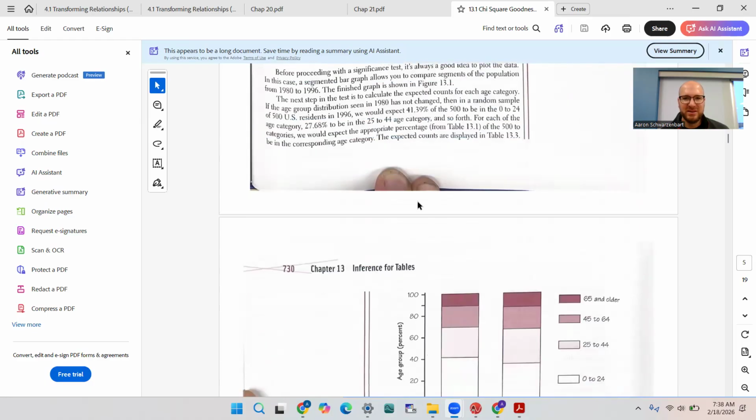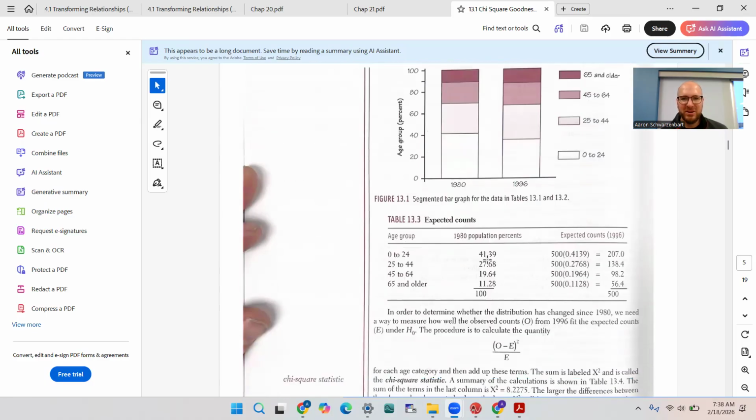And so we have this table. This is what we call our 1980s population, is what we call our expected values. Or that's expected percentages.